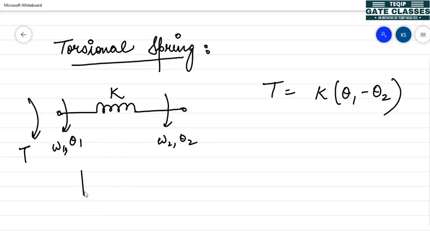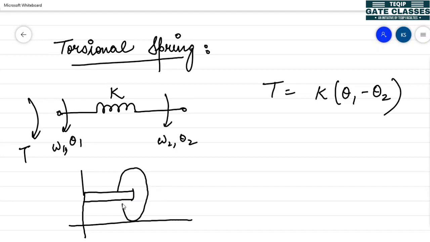So we can represent any mechanical rotational system using these three elements. So let us take an example. I have taken a shaft which is coupled with a rotational device. Because of this shaft, as I already told, shaft is the same as a torsional spring.